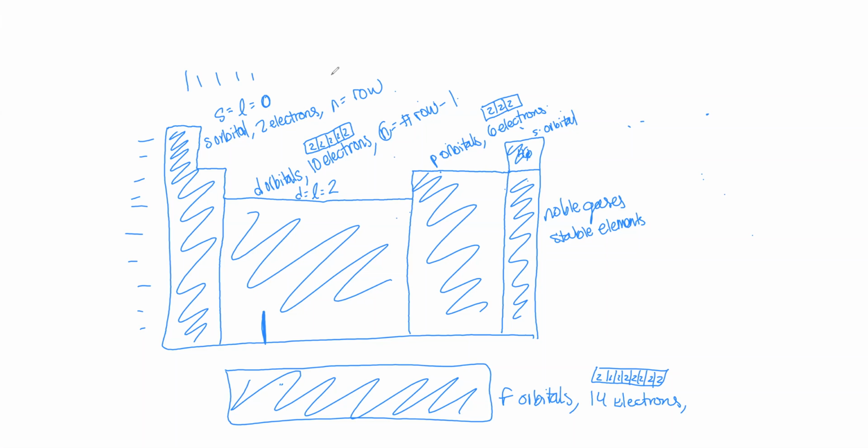So let's do an example now. Now that we know how to count these, let me pull up my periodic table and show it to you. And then we'll be finished here. We'll just do a couple examples.